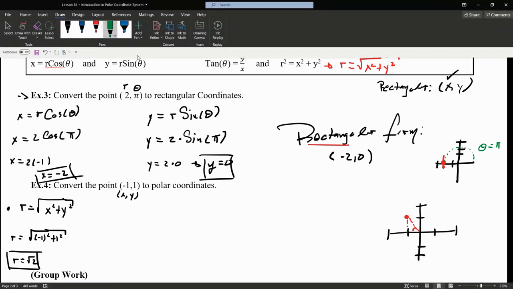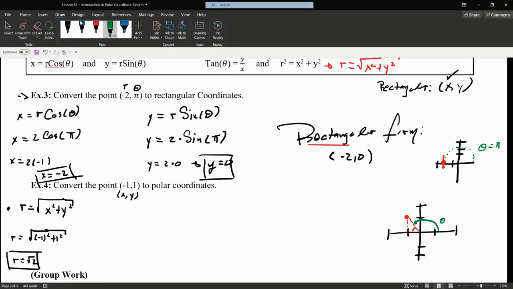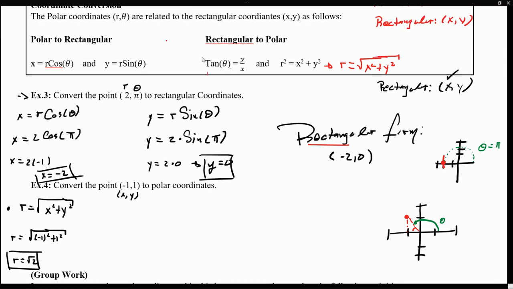And the theta that I'm looking for is all this. If I want to use this conversion, the tangent of theta being equivalent to y over x, this is only going to give me the angle of this triangle right here.